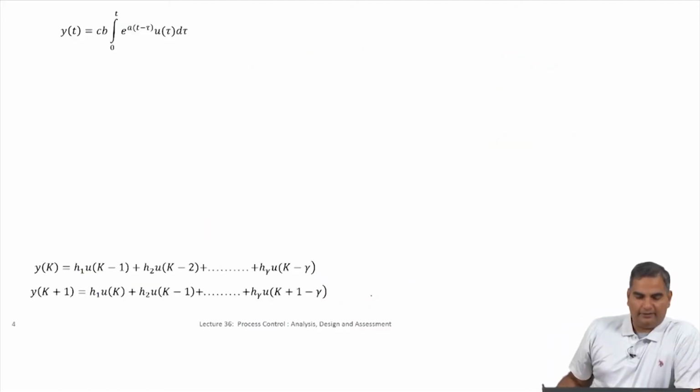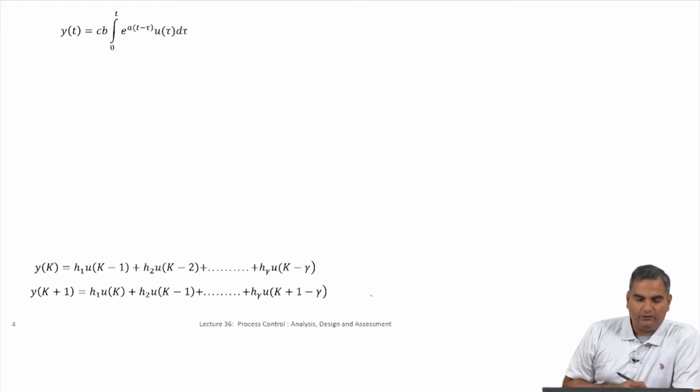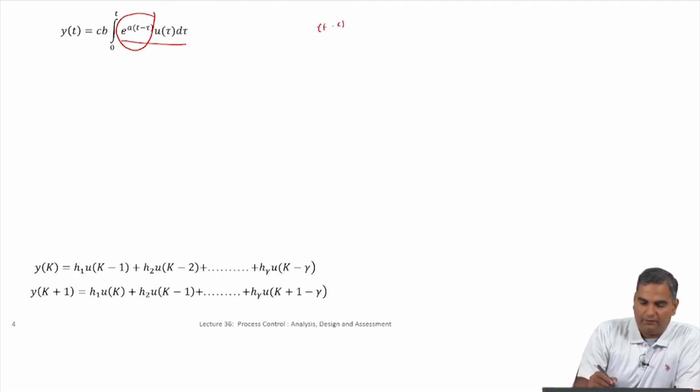Now, let us think about this as a sum, and then let us look at these terms in a little more detail. If you look at this term here, you see it is a function of t minus tau, and whatever function that is, it is multiplying u of tau as tau goes from 0 to t.